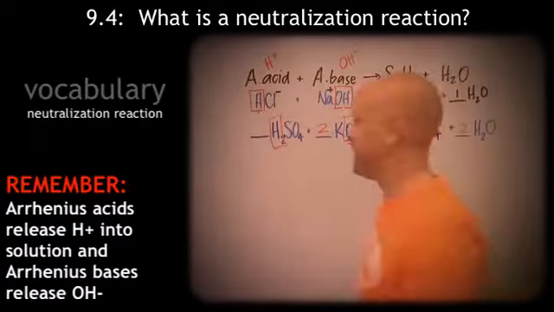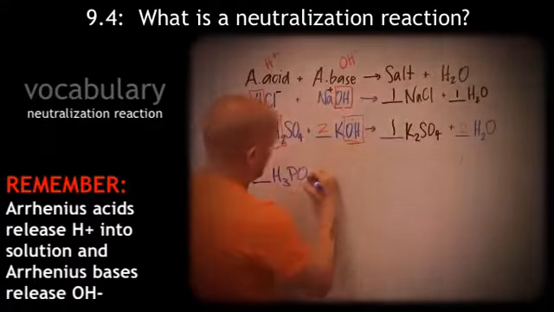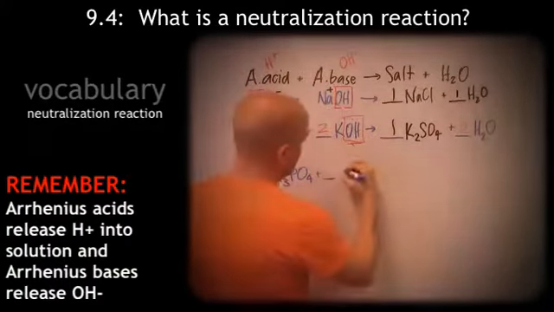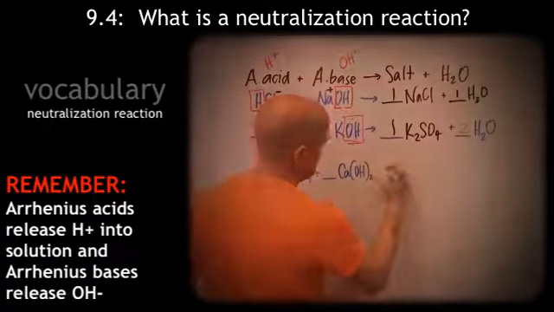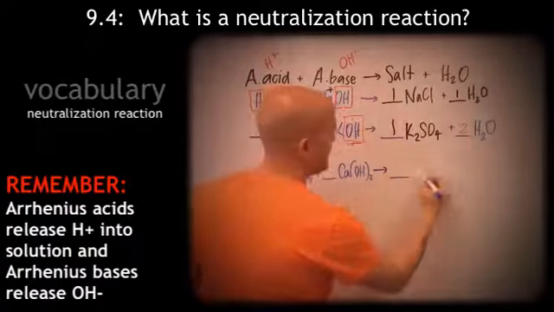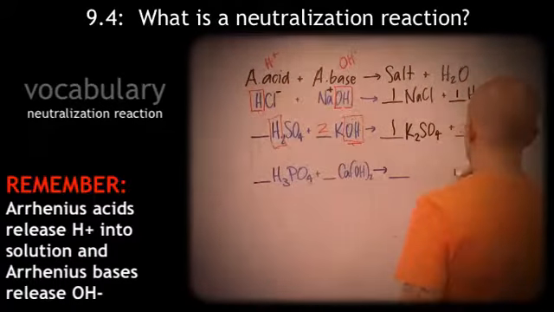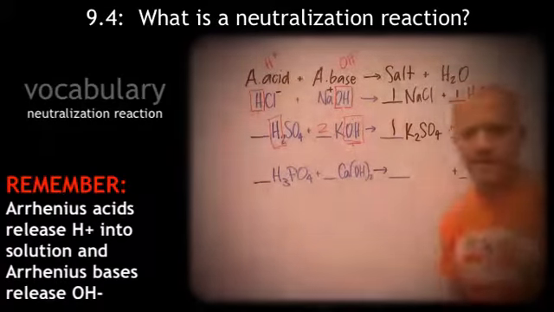It's really not that complicated though. So we're going to add H3PO4 for phosphoric acid, plus we're going to add calcium hydroxide. These are from table K and table L. Now that's going to give us a salt, and again plus my water.